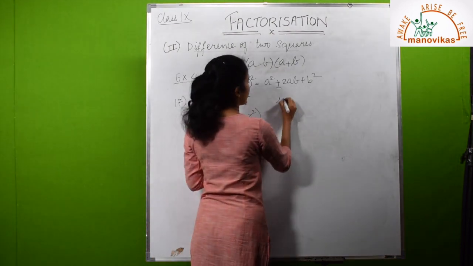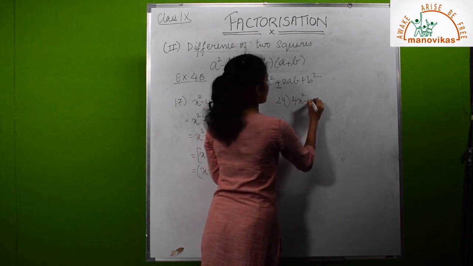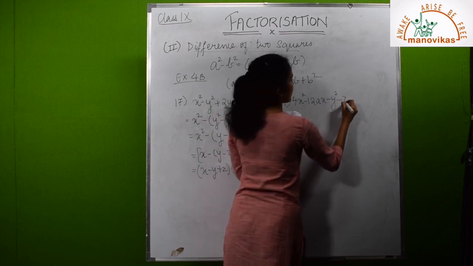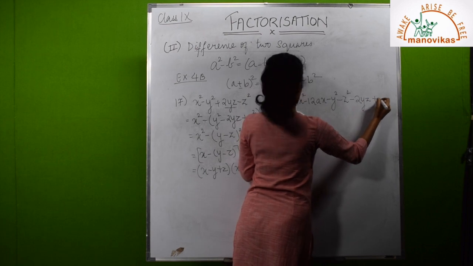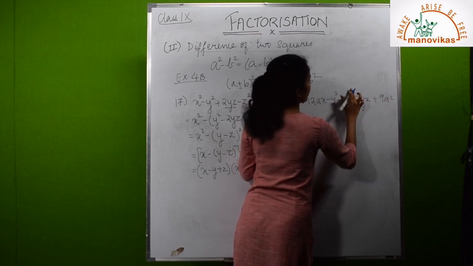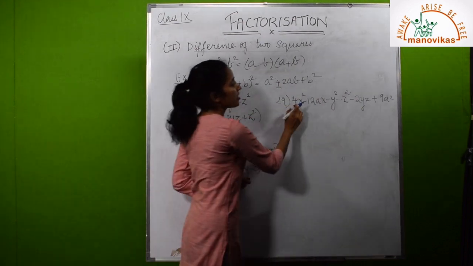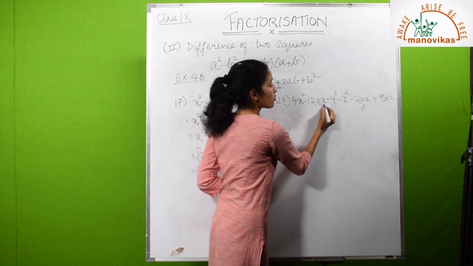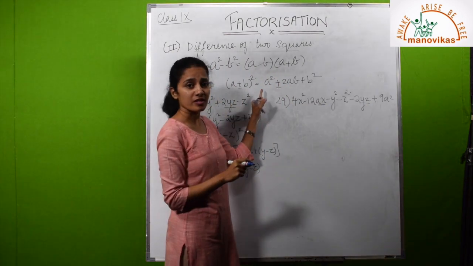Problem number 29. 4x squared minus 12ax minus y squared minus z squared minus 2yz plus 9a squared. Now here you see that there are 4 square terms, but let us look at the terms which have a product of 2 variables. Again there will be the expansion terms.